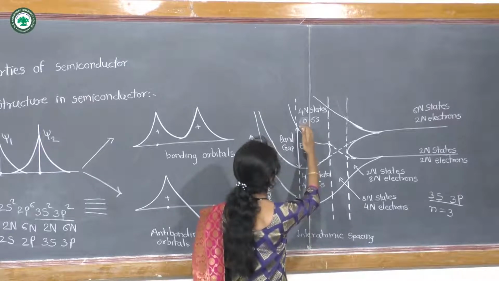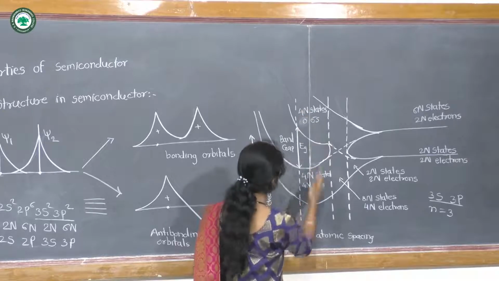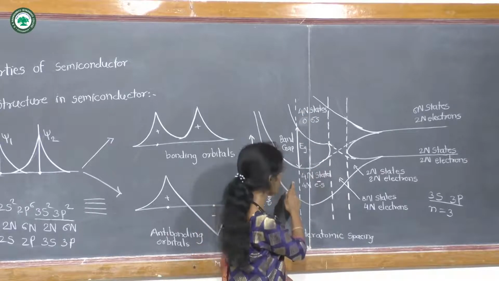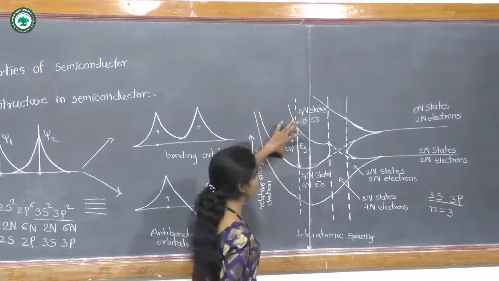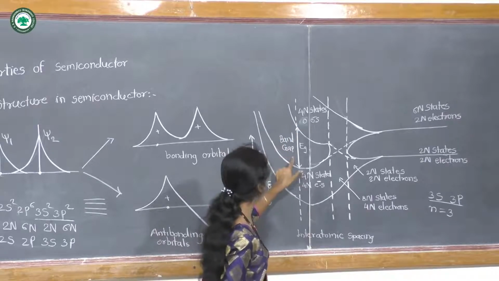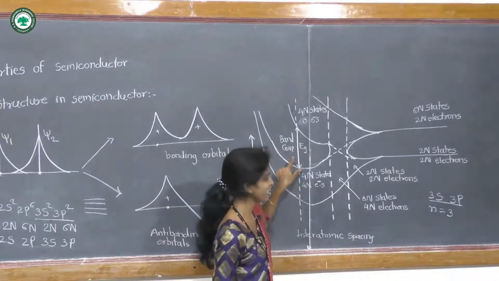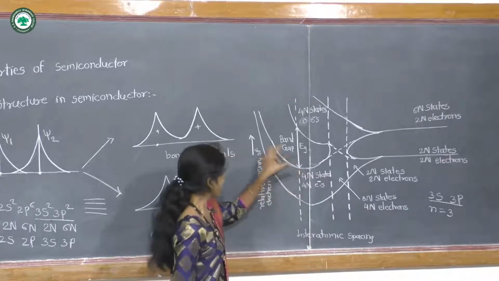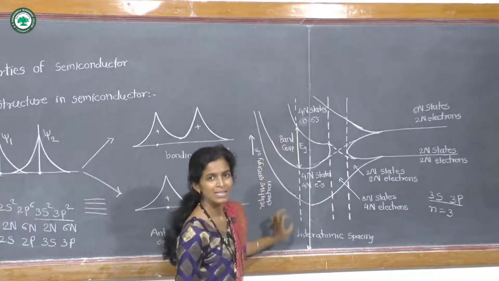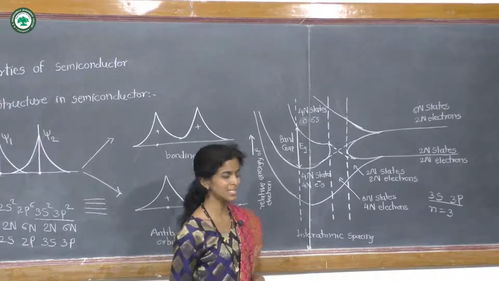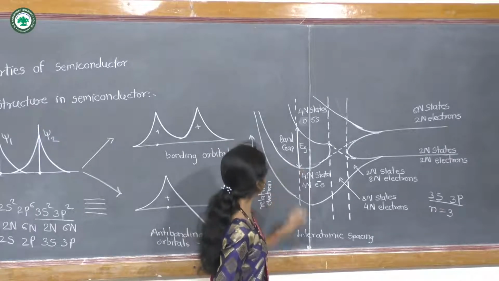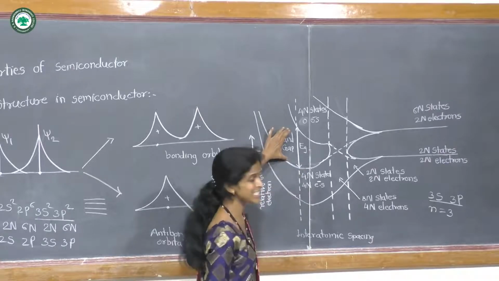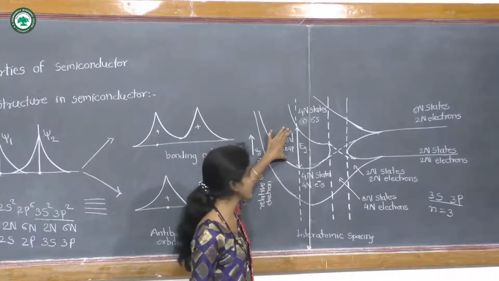That is, the upper band has 4n states and the lower band has 4n states, and these two bands are separated by the energy gap Eg. In this energy gap no allowed energy states are available, so it is also called the forbidden gap.